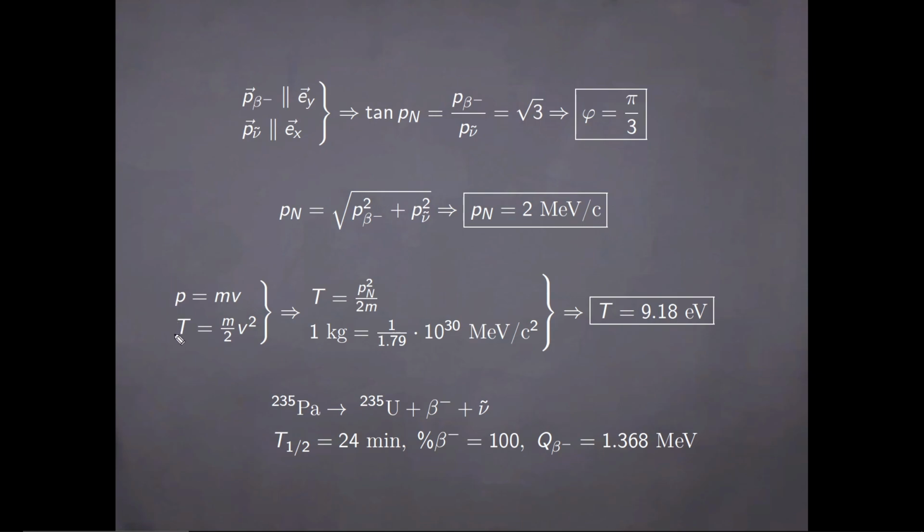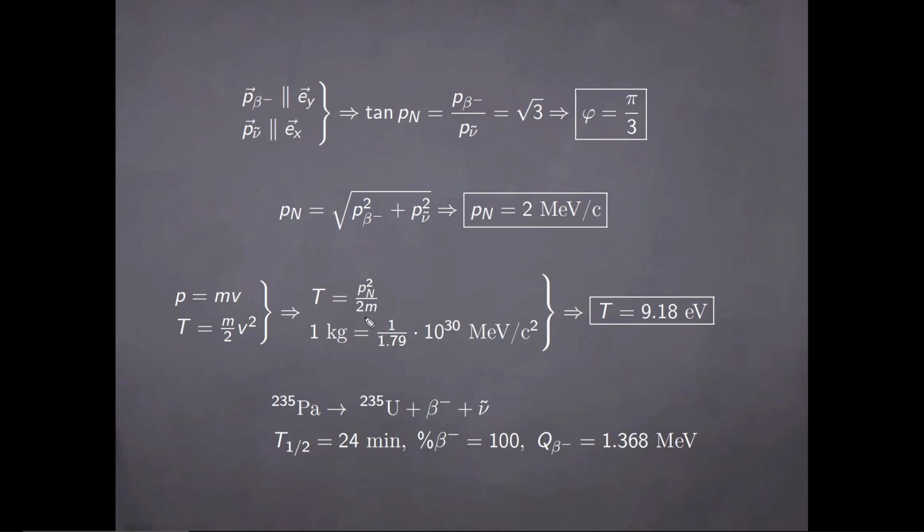And in order to calculate the kinetic energy, we know the definition of T in terms of V squared. We know the definition of linear momentum, so we can just solve this equation for V and replace it here, which gives the expression of T as P squared over 2M. We know the mass of the nucleus, and a kilogram, if converted in MeV over C squared, should have this numerical value.